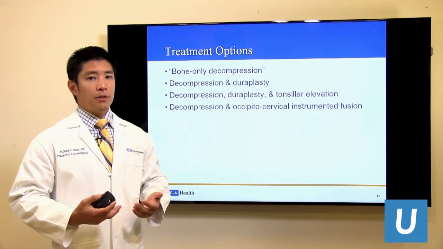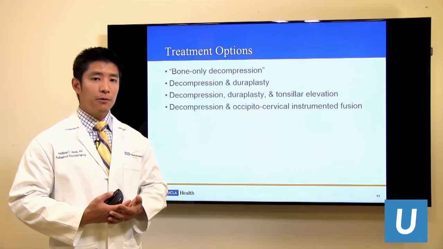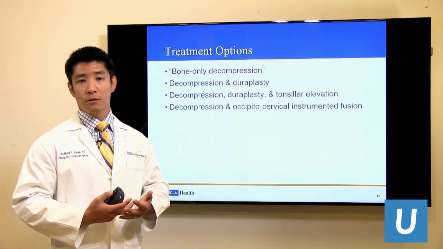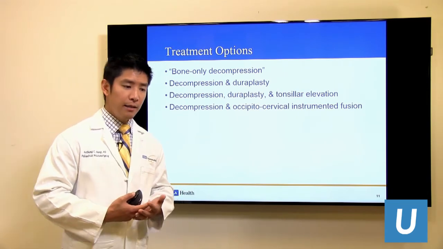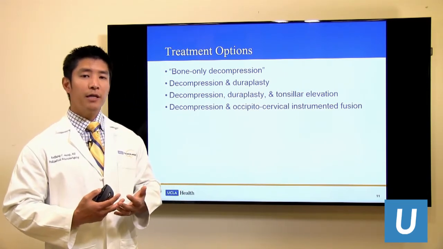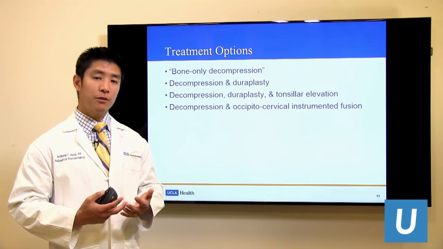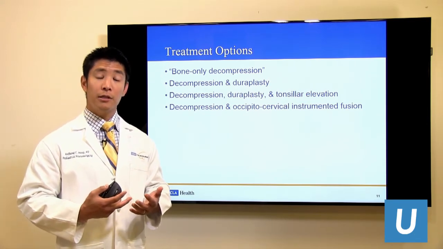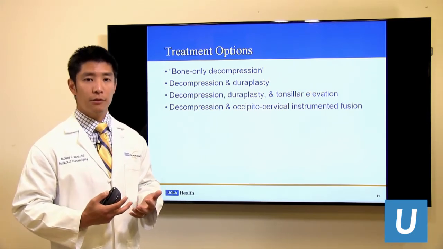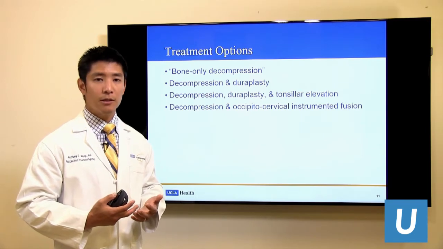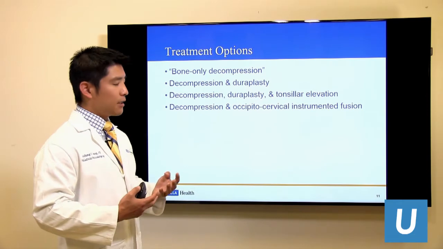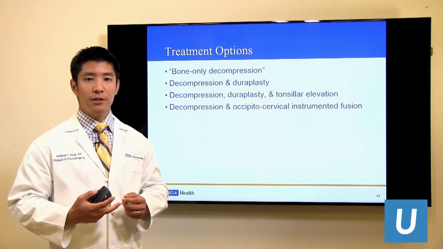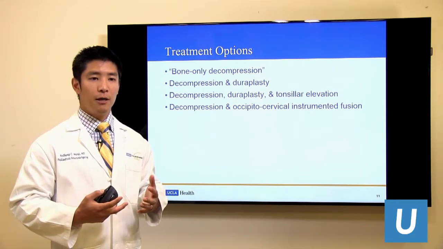Now, what are the treatment options for Chiari malformation? The treatment is surgical. There is no medical treatment for this condition. But there are some variations for surgery that are worth understanding when you're speaking with your surgeon. We can offer three variations of a Chiari decompression.